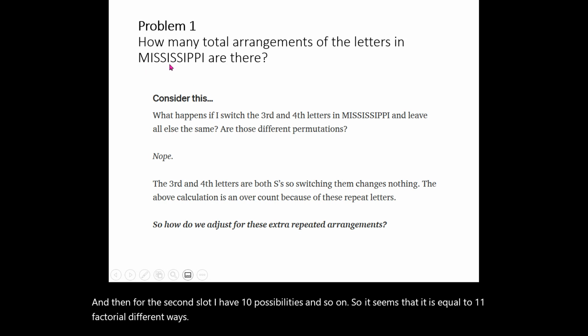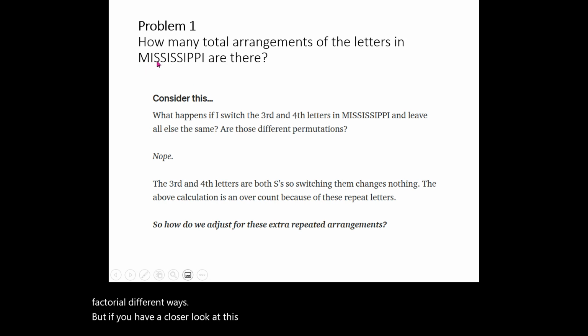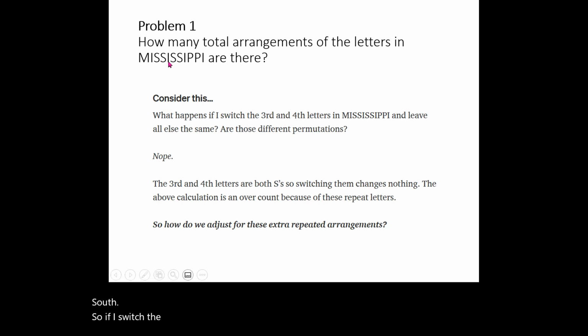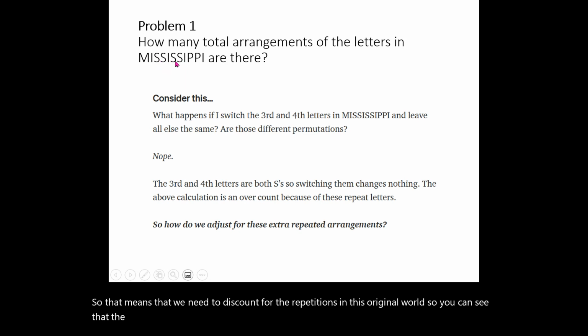But if you have a closer look at this word, for example, the second and the third letter, they are both S. So if I switch the second and the third letter, would it change the original word Mississippi? Of course not. So that means that we need to discount for the repetitions in this original word. You can see that the letter S is repeated 4 times, the letter I is also repeated 4 times, whereas the letter P is repeated twice.